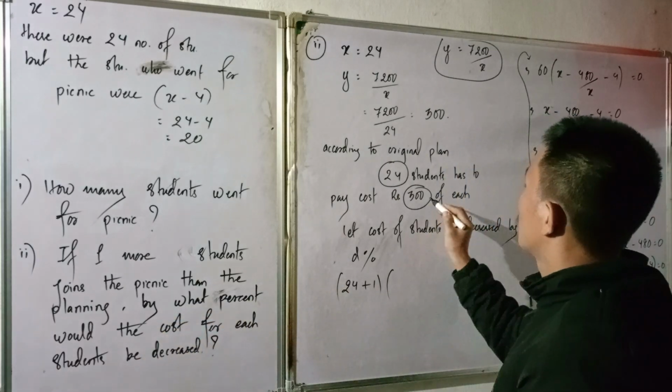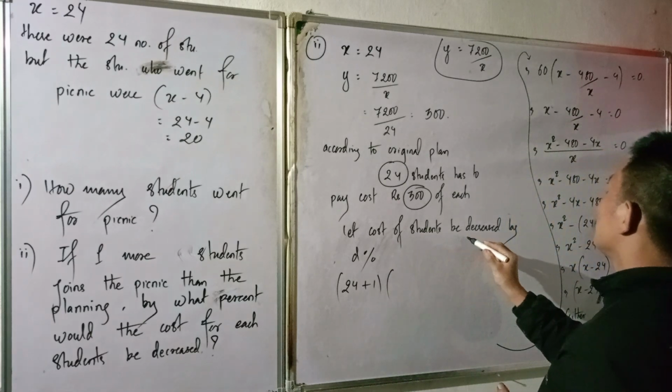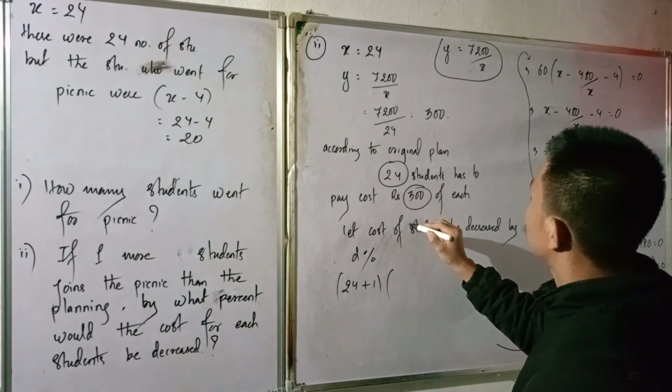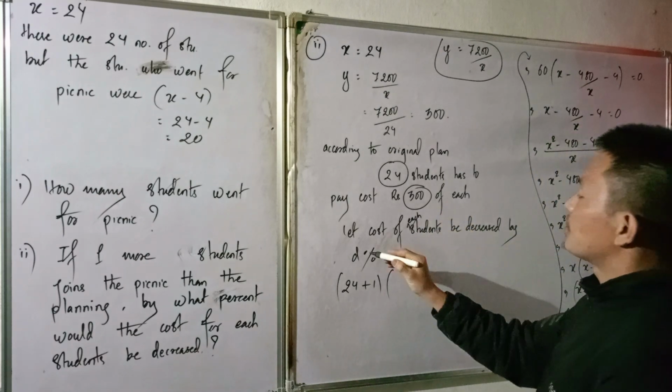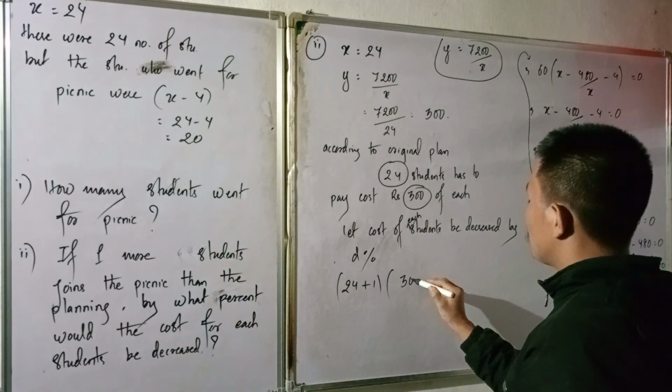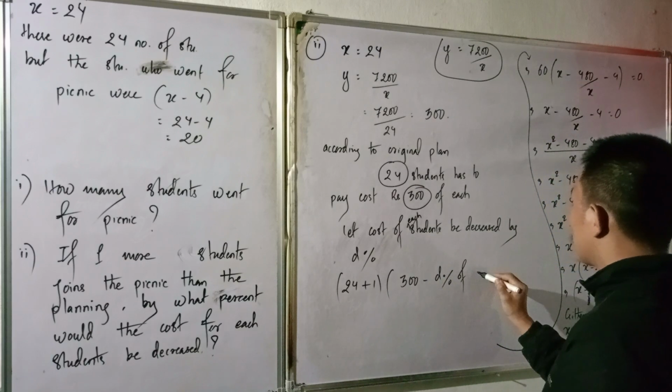Let's first write: let the cost of each student be decreased by d%. That means 300 minus d% of 300.